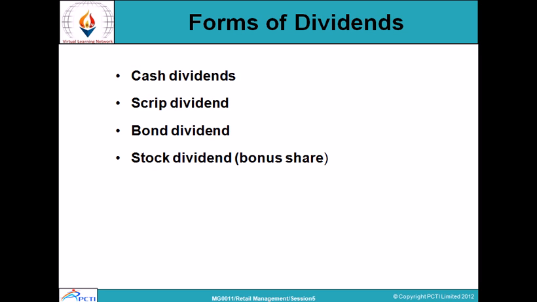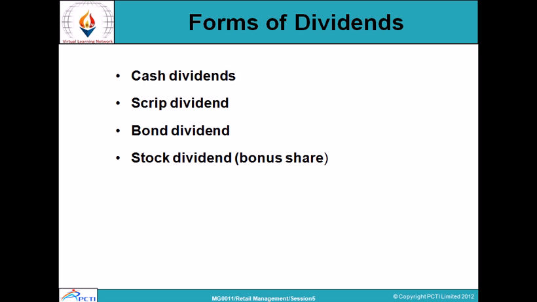The next is bond dividend. The scrip and bond dividends are the same except that they differ in terms of maturity. Bond dividends carry a longer maturity period and bear interest, whereas the scrip dividend carries a shorter maturity period and may or may not have any interest on it, right?